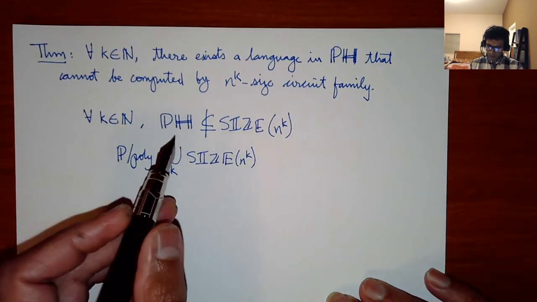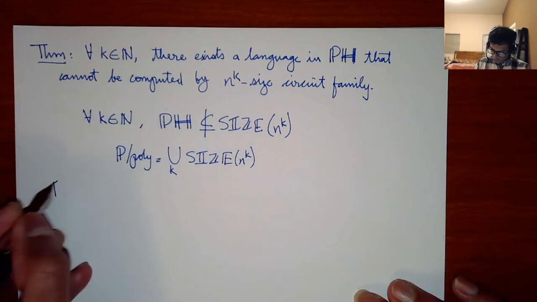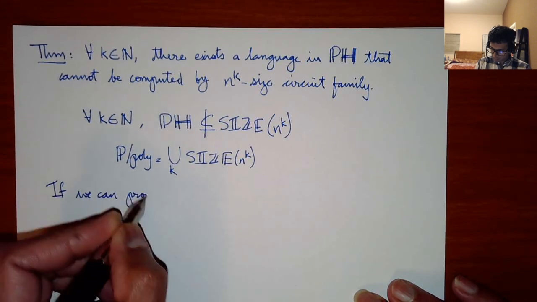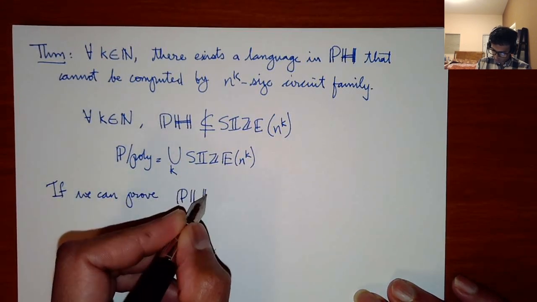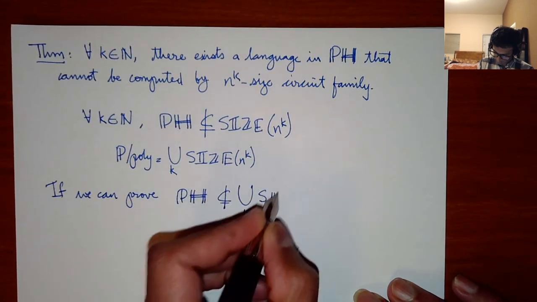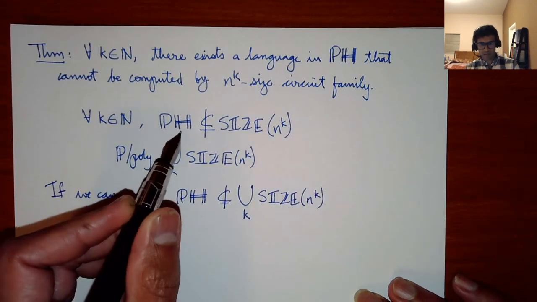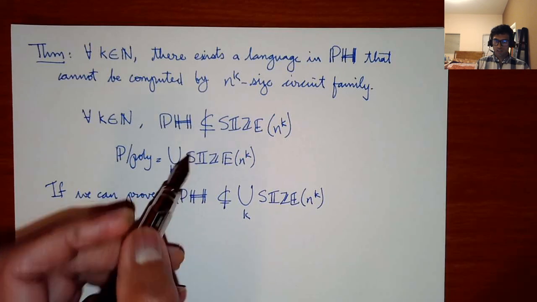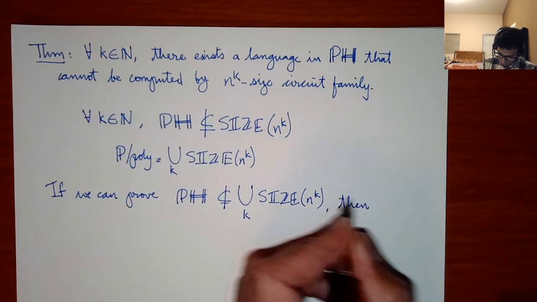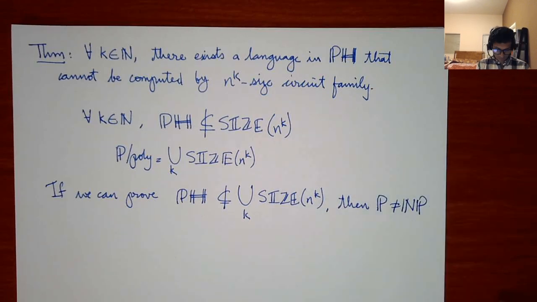So we know that the polynomial hierarchy is not contained in any of these sets. If we can prove that the polynomial hierarchy is not contained in the union, then actually P is not equal to NP. That would give a proof that P is not equal to NP.